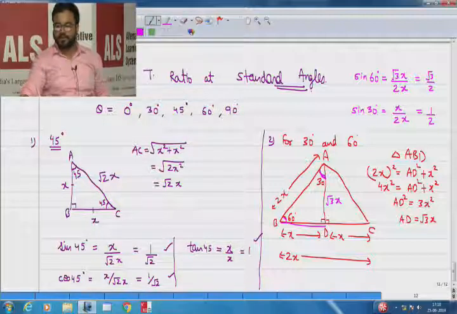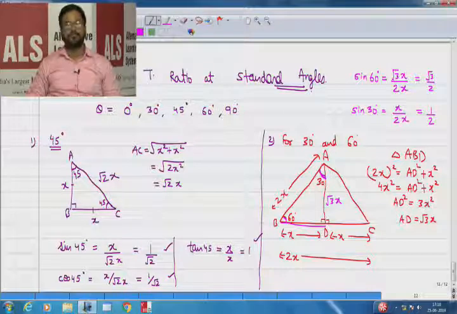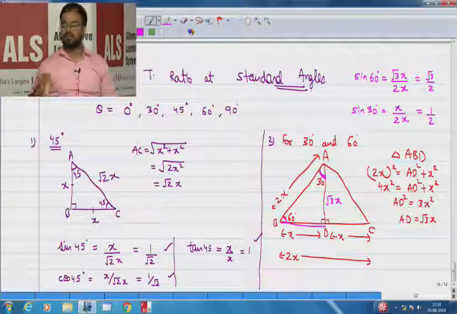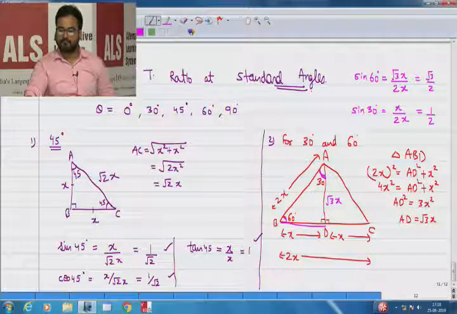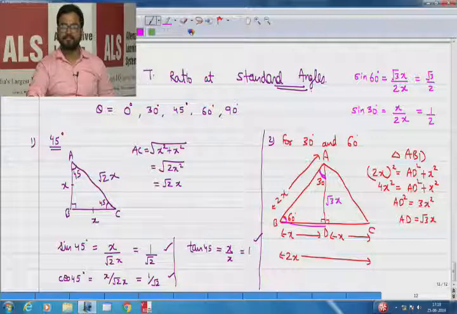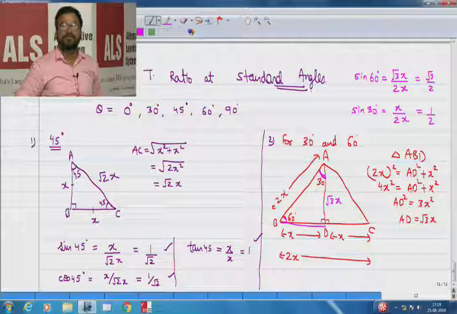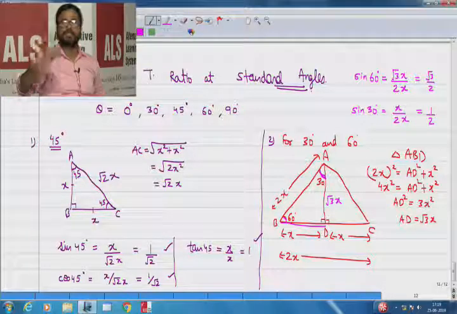Okay, Senapati, what is the doubt you are having? In which step you are having doubt? Okay, Manipur. Senapati, in which step you are having doubt? The 30 degree and 60 degree angle?